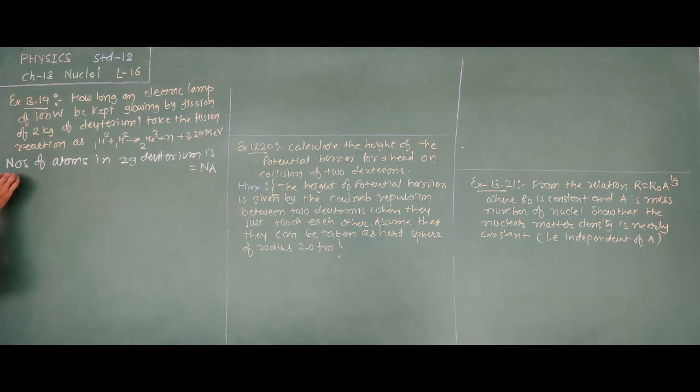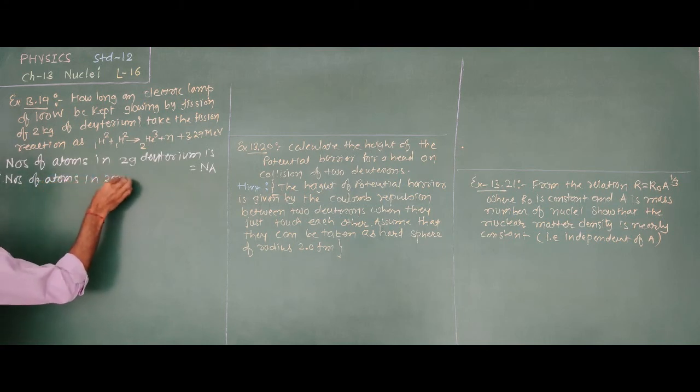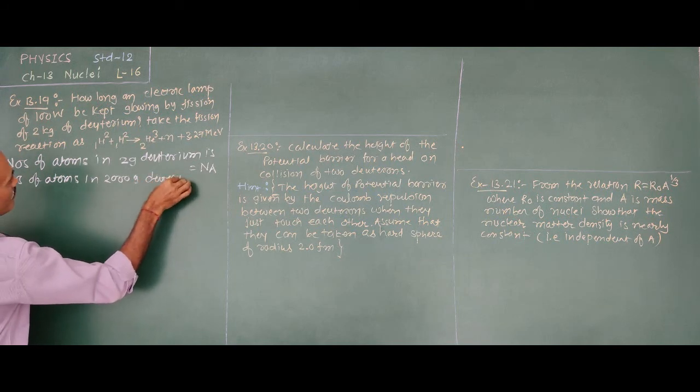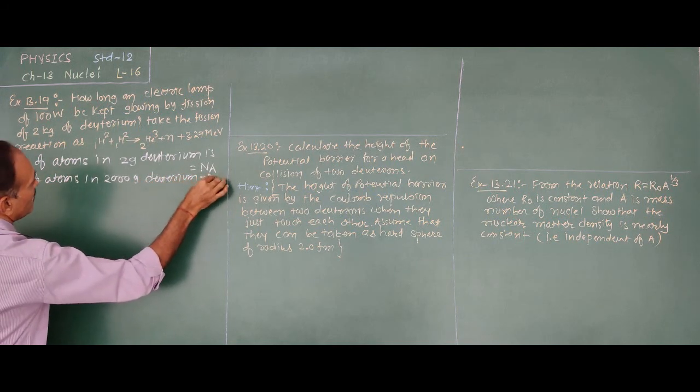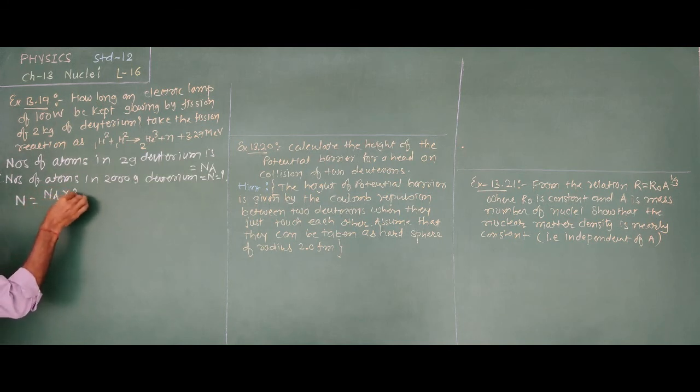Therefore, the number of atoms in 2000 gram deuterium is equal to N. We have to find this. Therefore, N is equal to Na into 2000 upon 2 gram.